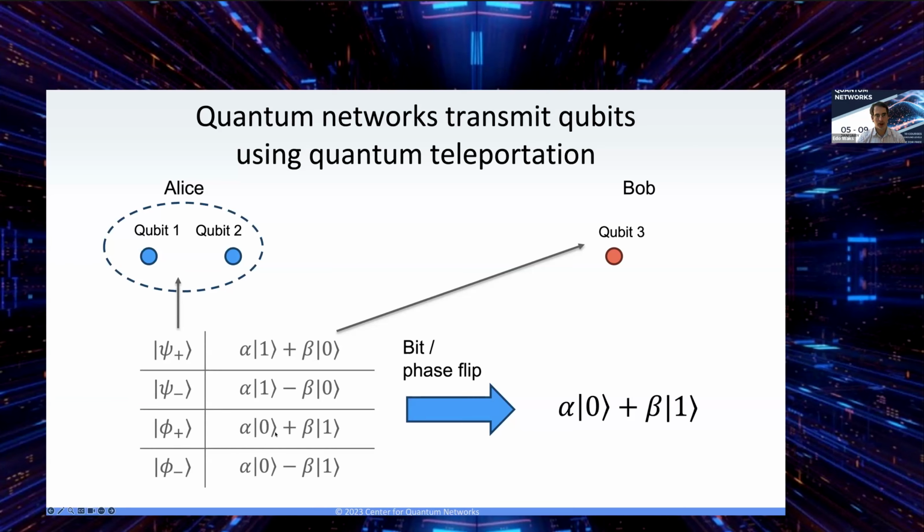Whereas if she's got psi plus, she knows that Bob needs to flip 0 to 1 and 1 to 0. And so based on her measurement, she can simply transmit over a classical channel to Bob whether he should do a bit flip, a phase flip, neither or both. And that immediately places Bob's qubit in the desired state.